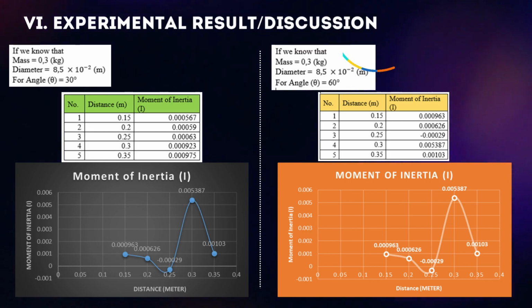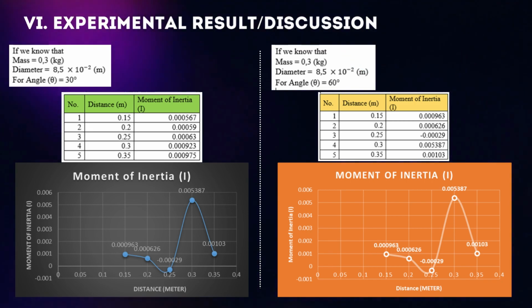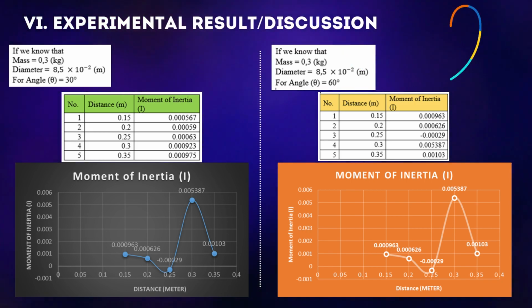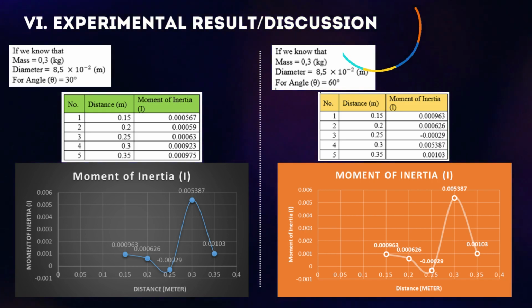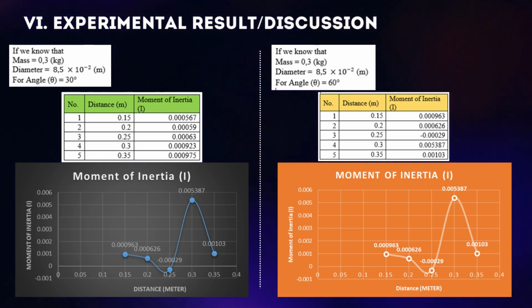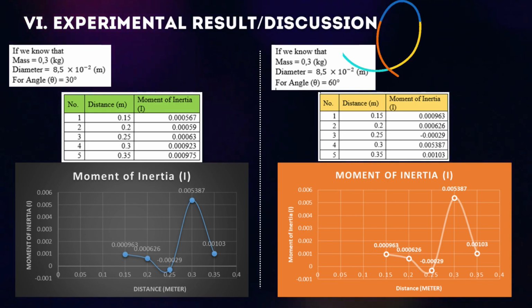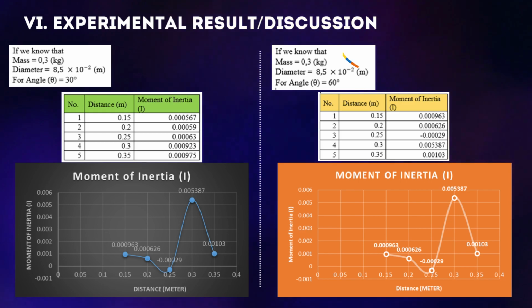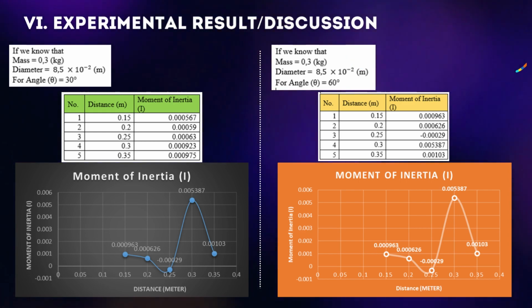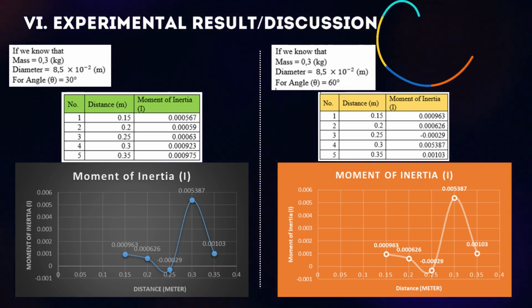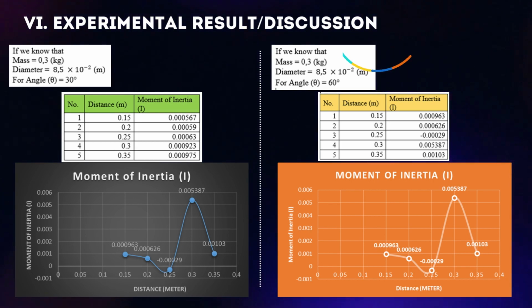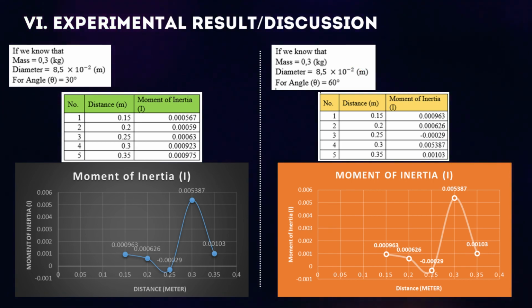And with the same mass of 0.3 kg and diameter of 8.5 times 10 to the power of minus 2 meters, for an angle of 60 degrees, we have the moment of inertia as shown in the table and the graph.